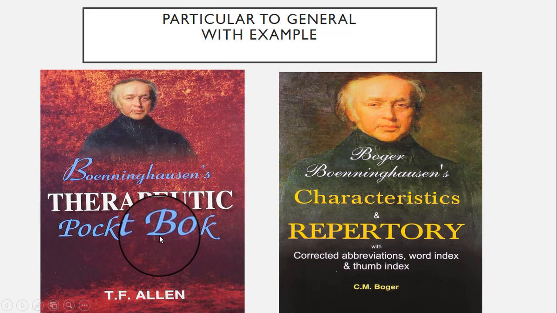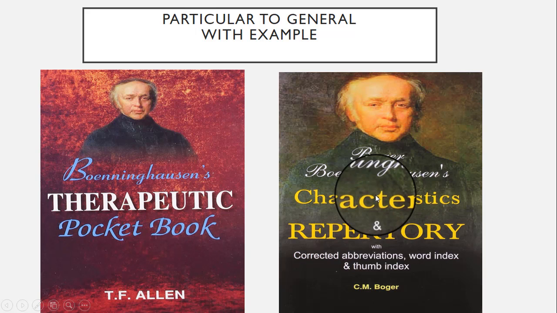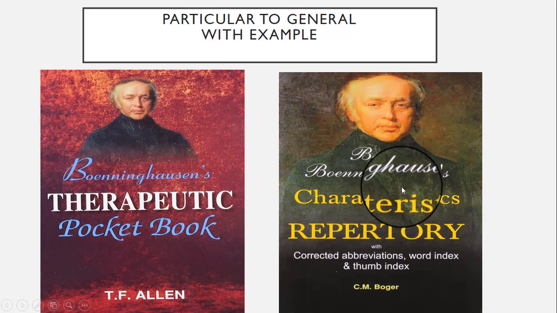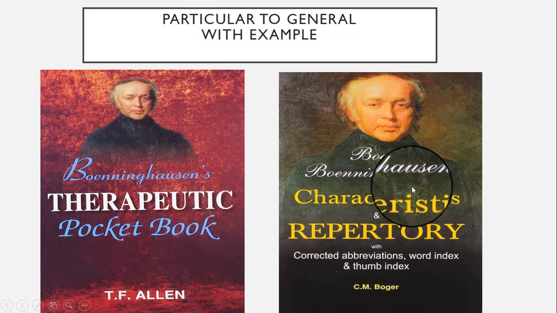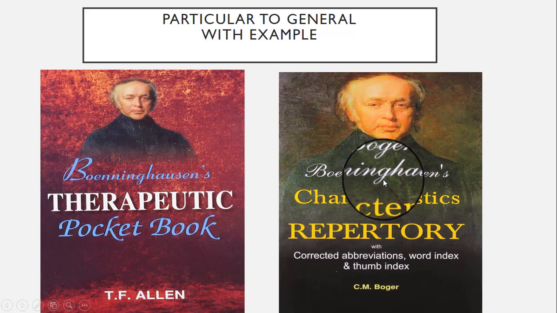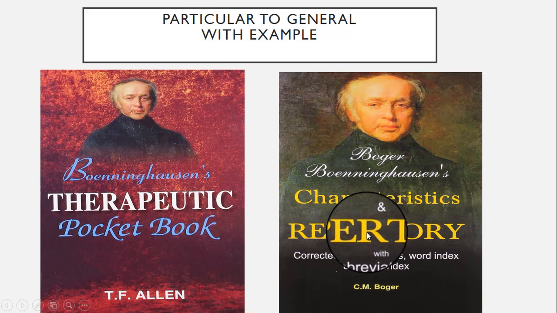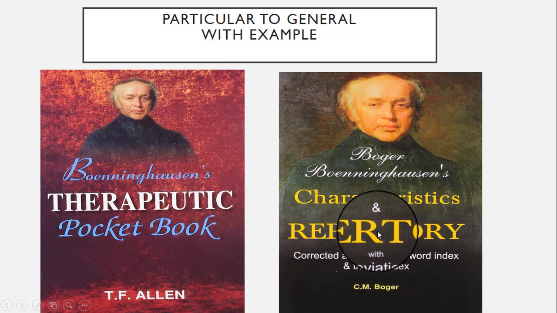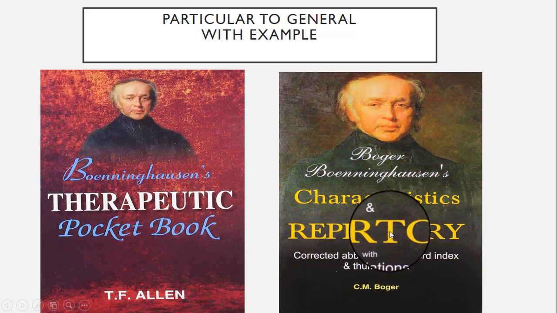This is an example of particular to general premises repertory based on the doctrine of analogy and concomitance. The second is based on the complete symptoms, concomitant symptoms and pathological generals. You can see here the example, Boenninghausen's Characteristics Repertory, that is BBCR. These are the examples of particular to general premises.